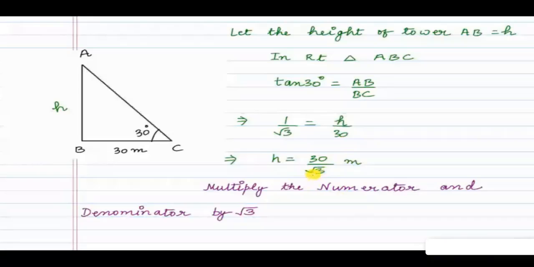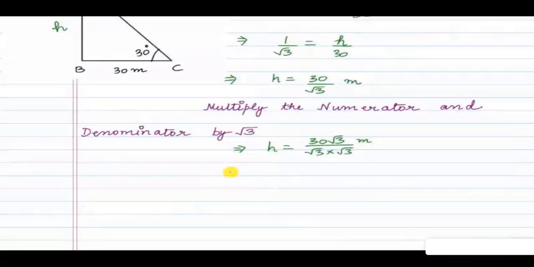Now we will rationalize the denominator here. That means we'll multiply the numerator and denominator by root 3. So h will be equal to 30 root 3 divided by root 3 into root 3 meters, which is 30 root 3 divided by 3 meters.